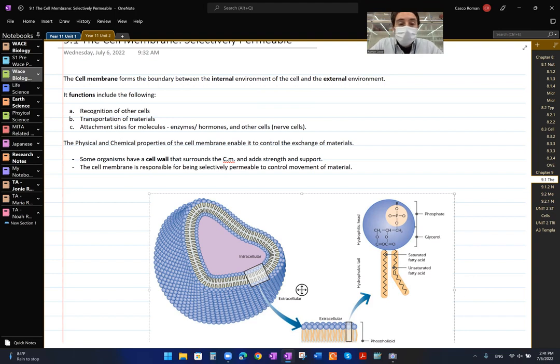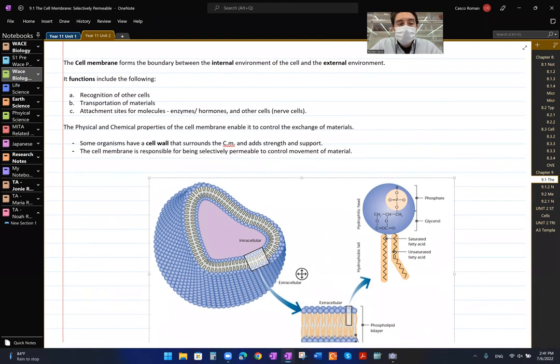Some general functions that we're going to be talking about of the cell membrane, what it does, right? The functions include recognizing other cells nearby and seeing, hey, you're my same cell type, you're my bro, or you're a different cell type, you're a bacteria, right? You are definitely not related to me, and you're actually a danger to us. How do we go about that, right?